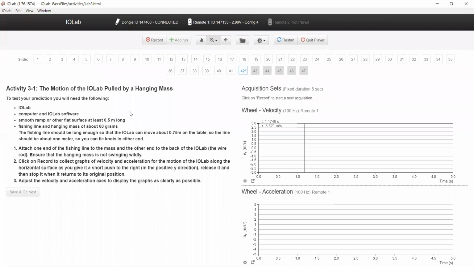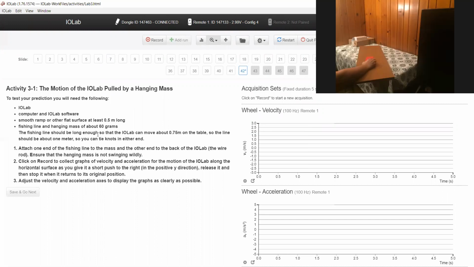I used a general string and a water bottle of around 60 gram, tied to the IOLab with the string. It's better to have a round surface here, but I just took this one and I'm hanging it down here.